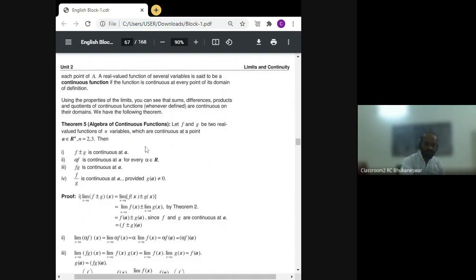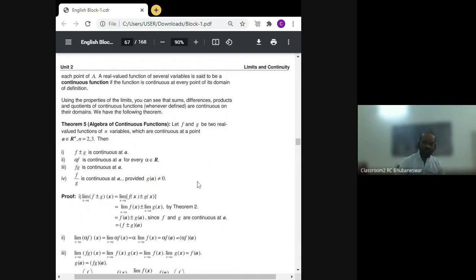So if f is continuous at point a, and g is continuous at point a, then their addition and subtraction is also continuous at the same point. Scalar multiplication with a function is also continuous at the same point. The product of two functions is also continuous at the same point. Also the division or quotient of the functions is also continuous at the same point, but the condition is that the denominator should not be 0. That means g(a) should not be 0.